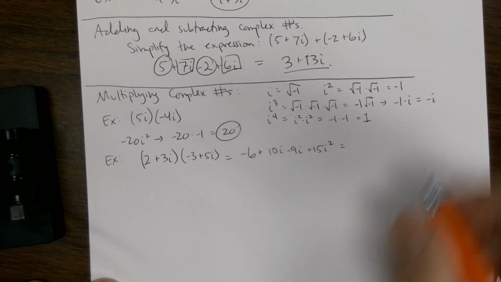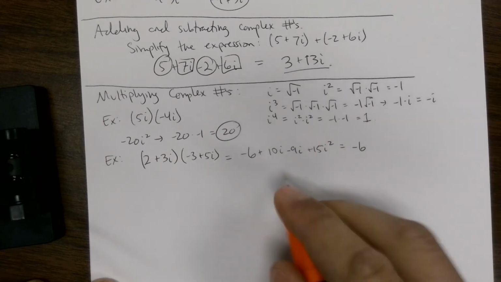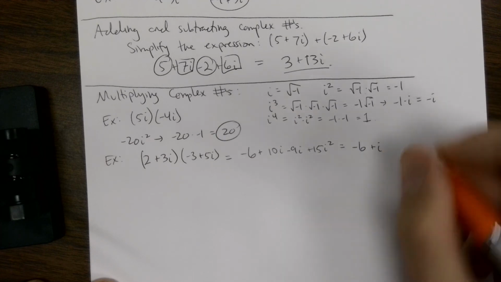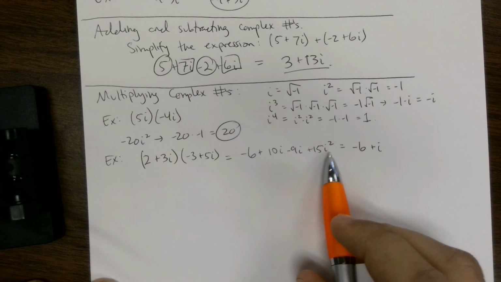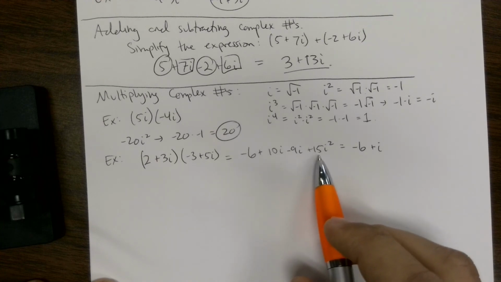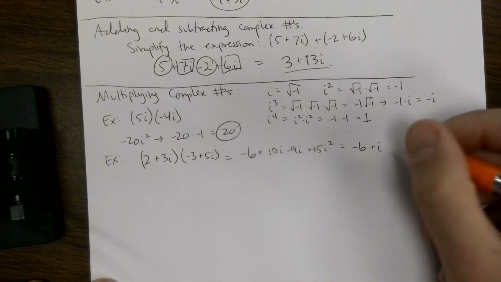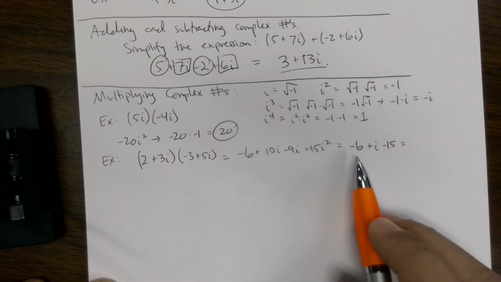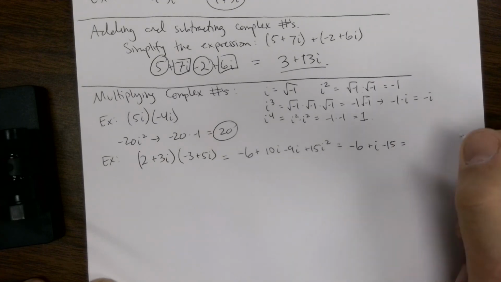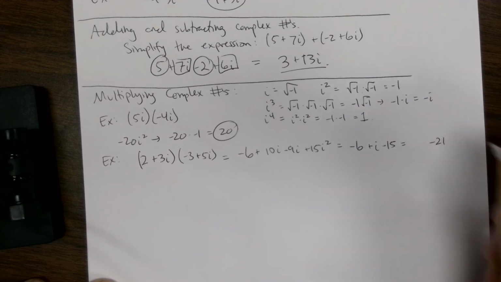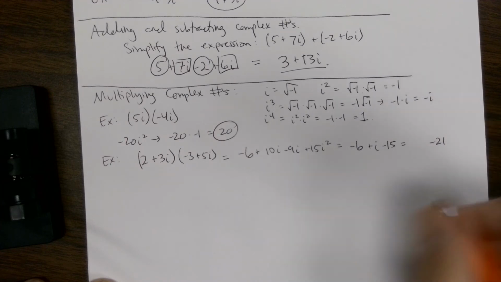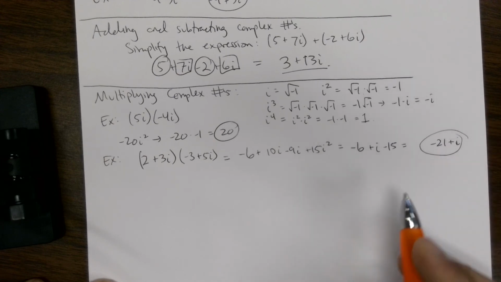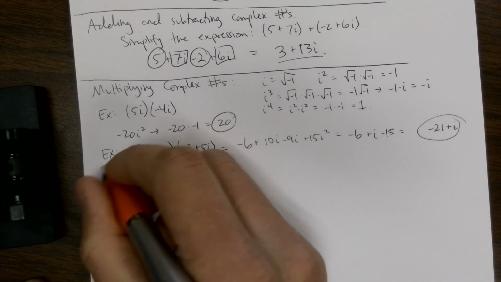This is going to be -6 plus i, and I'll just do 15i squared. i squared is -1, so this will be 15 times -1, so that's -15. -6 minus 15 is -21, and then plus the i. So there you go.